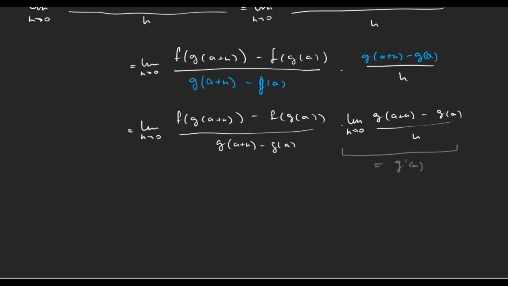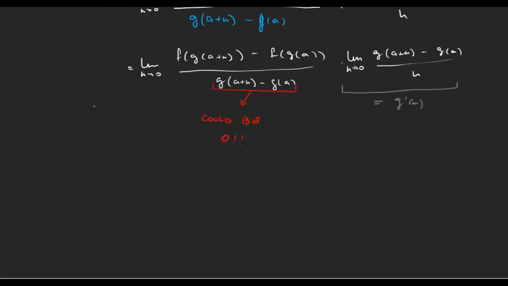Because we never checked, we just divided by g of a plus h minus g of a. So this thing could actually be 0. And if it is 0, then we're in trouble. We're having sort of a problem here. And to solve this problem, we're going to do this.